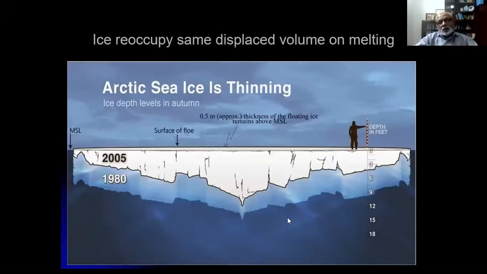Now, as it is said that global warming will melt the ice, and that will add to the ocean, and sea level will rise. That is also not true, because you can see in 1980 the ice was here, then by 2005 it has melted, but it has not added any water because it has occupied the same volume.